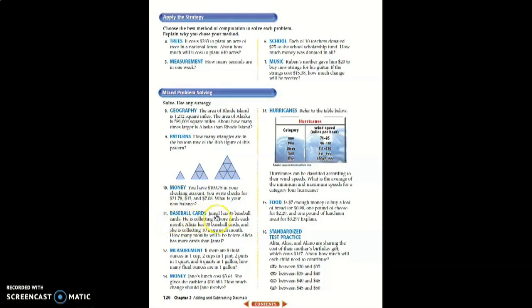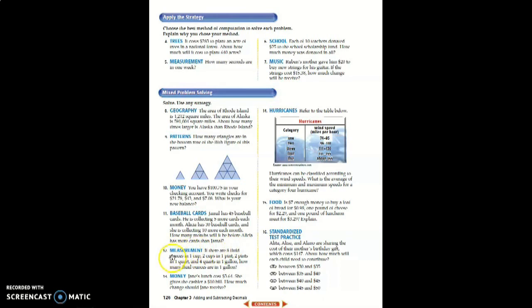Baseball cards. Jamal has 45 baseball cards. He is collecting 5 more cards each month. Alicia has 30 baseball cards and she is collecting 10 more each month. How many months will it be before Alicia has more cards than Jamal?